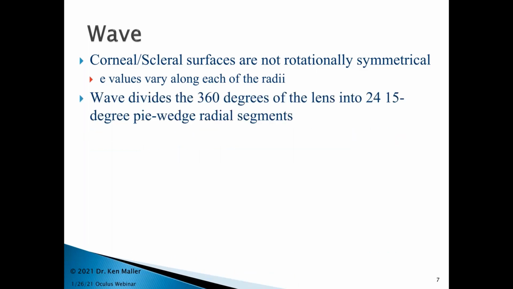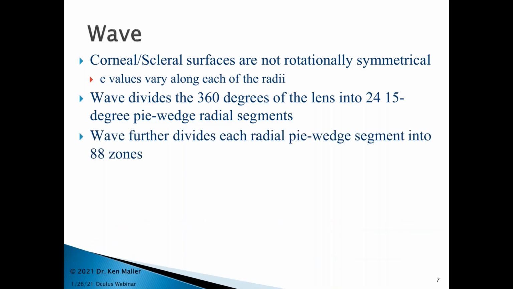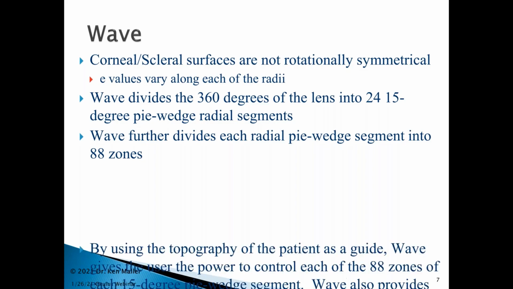The way Wave deals with that is it divides the 360 degrees of the lens into 24 discrete segments that are each 15-degree pie wedge segments around the clock. It further divides each of those 15-degree pie wedge segments into 88 zones from the center of the lens out to the very edge of the lens.